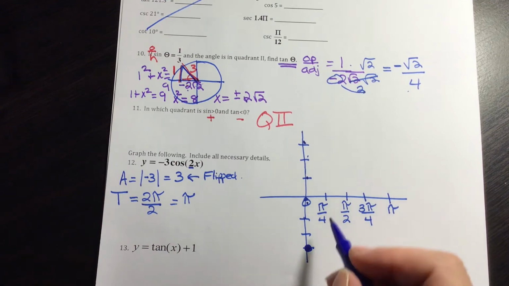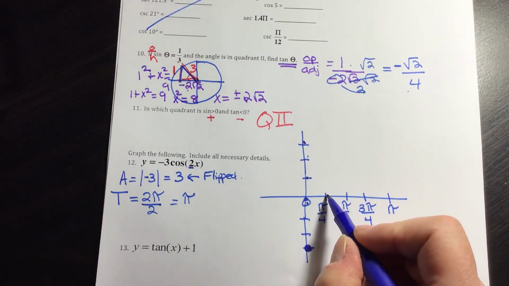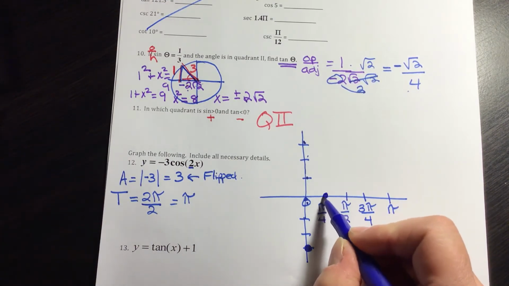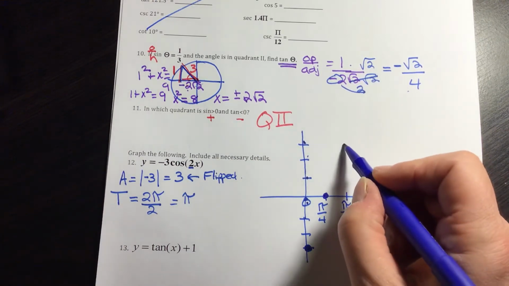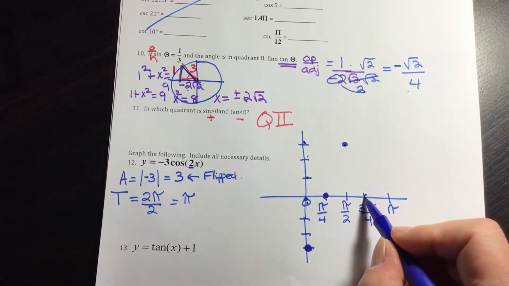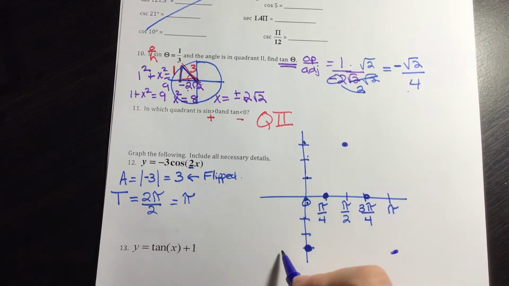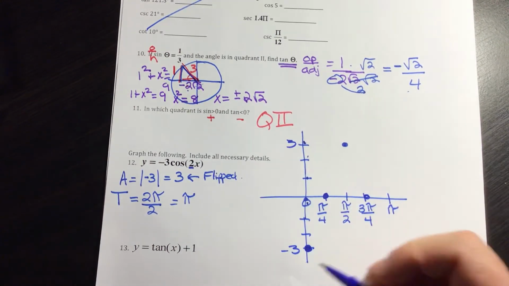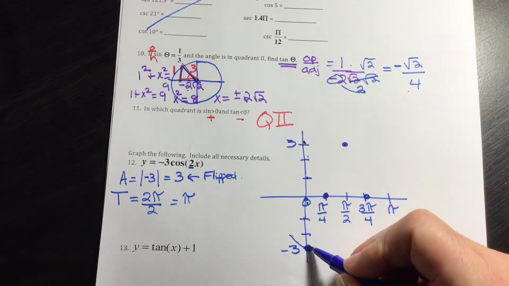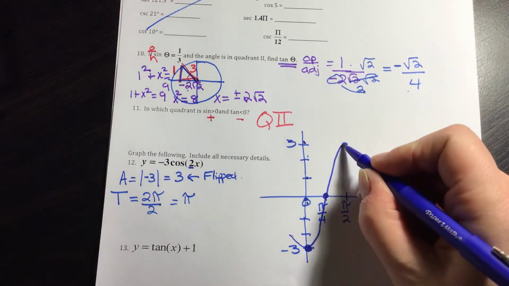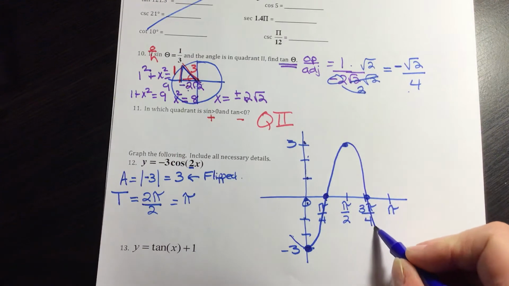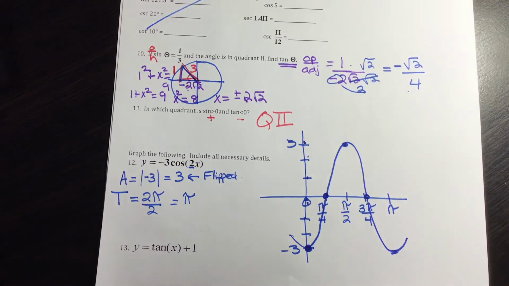And then at pi over 4, I'm going to go to 0. At pi over 2, I'm going to go to 1, back to 0, and then back to -3. So my cosine graph is going to look like that.